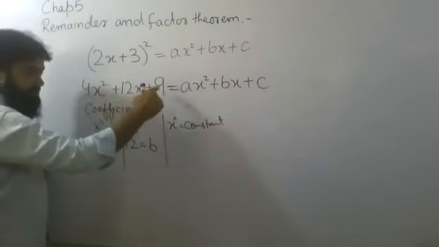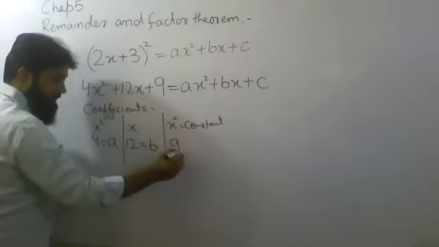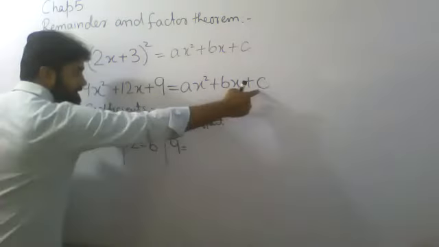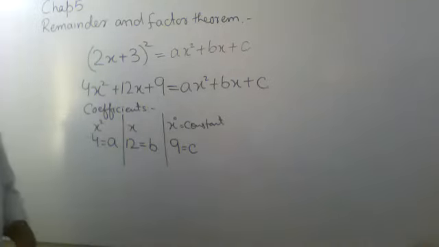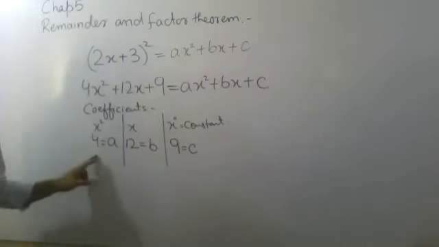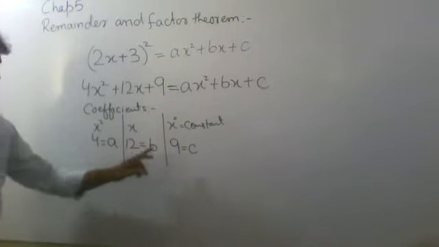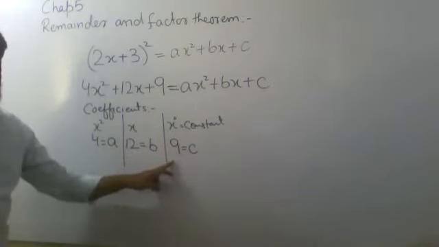The constant on this side is 9 and the constant on this side is c. So the answer of A is 4, the answer of B is 12, the answer of C is 9.